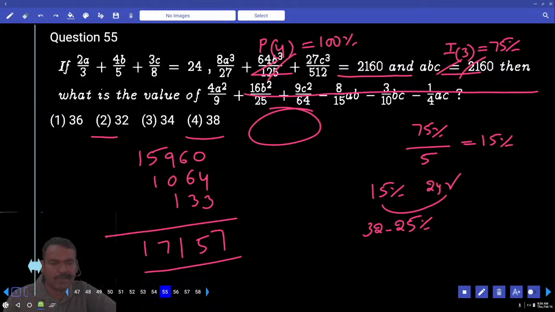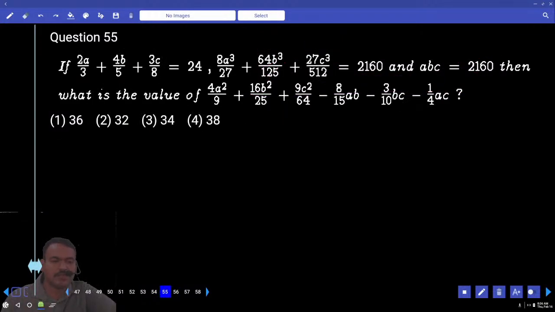Next, question number 55. If 2a by 3 plus 4b by 5 plus 3c by 8 equals 24, and abc equals 2160, then what is the value of 4a square by 9 plus 16b square by 25 plus 9c square by 64, and so on? Okay, 2a by 3: what is the denominator? 3.